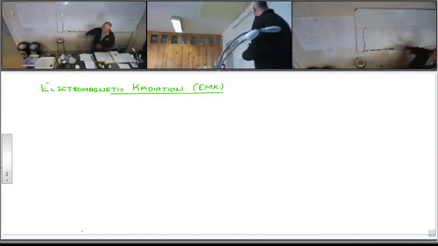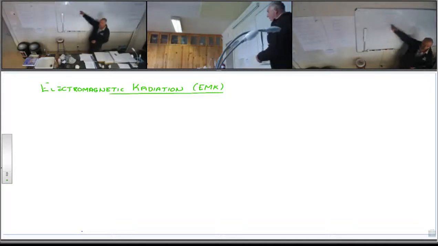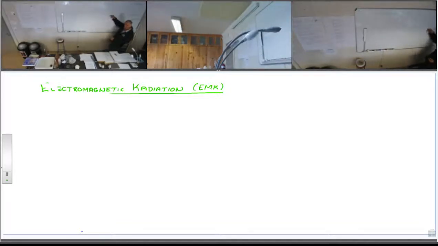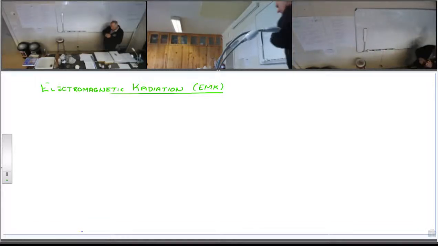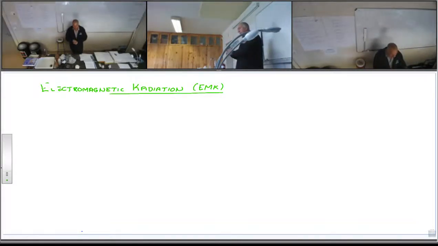That's dealing with light. And I showed you that diagram of long waves on one end and very, very short waves on this end. Frequency we dealt with, wavelength we dealt with, the energy of the waves, etc. We're just going to quickly go through all of that again, and then deal with the photoelectric effect.